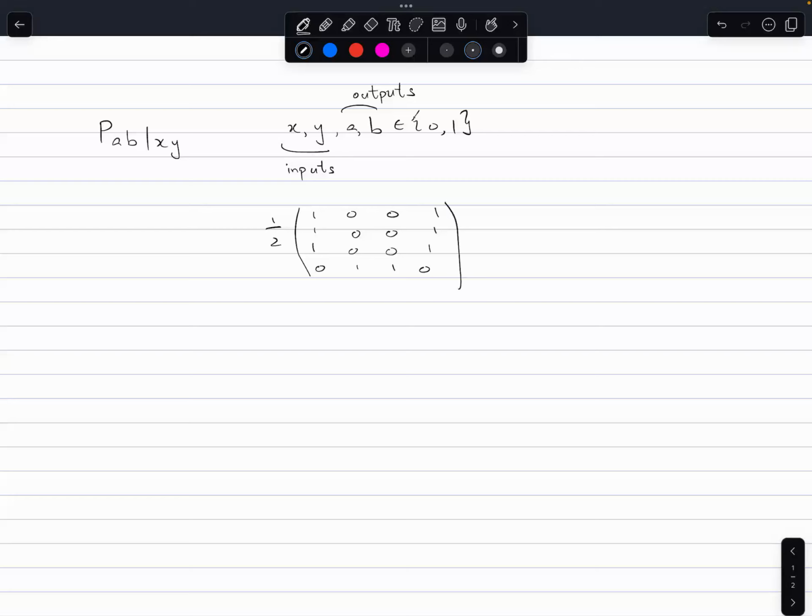Let's think of this as P00 given 00, 01 given 00, 10, 11, and then P00 given 01, 01 given 01, and so forth.